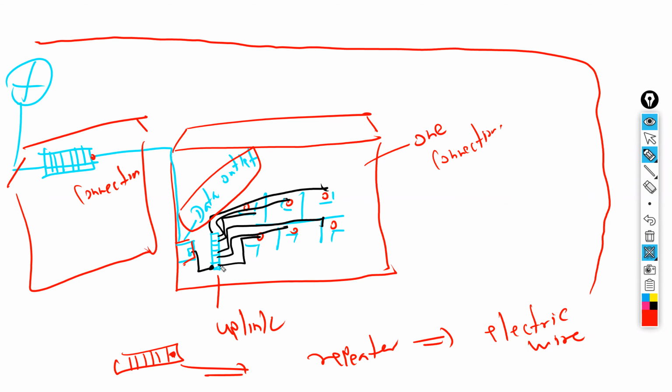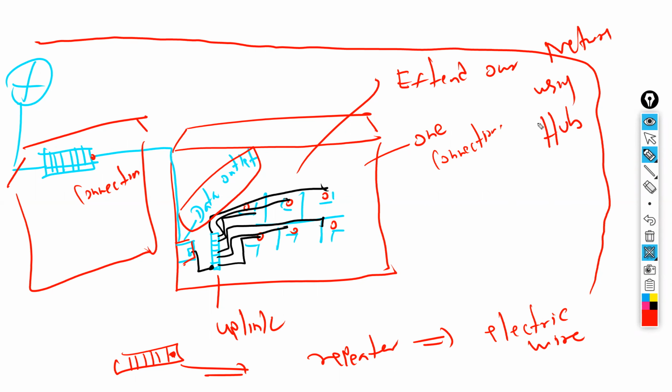Now we are connecting from each and every port to this laptop or desktop. Then what will happen? We are extending our network using the hub. So the hub is used for extending the network, because you don't have any physical wire in here, only one outlet, but we have many computers needed to connect.